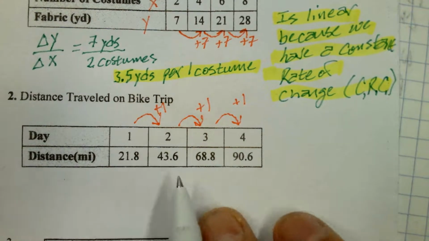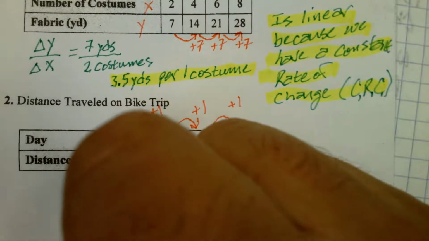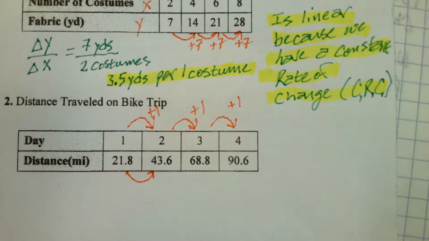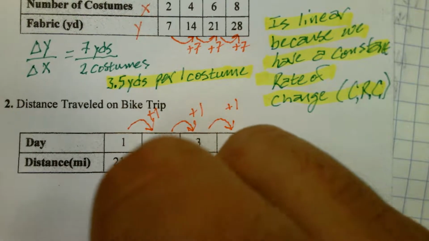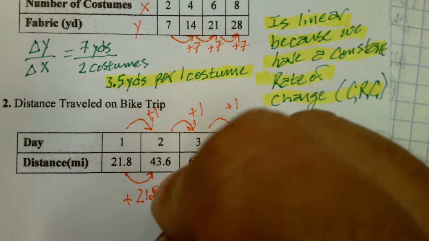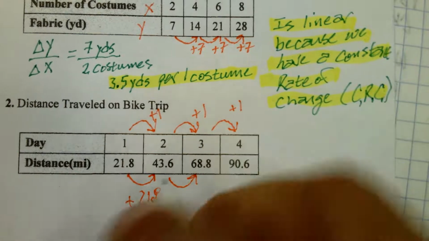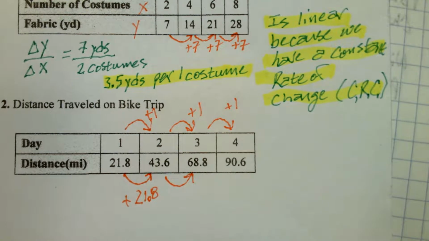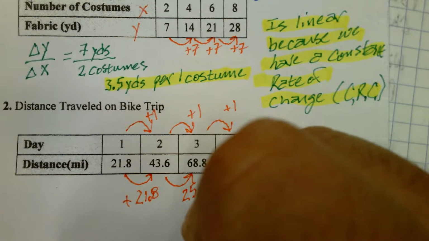So if we're going from 21.8 to 43.6, what's the difference? 21.8. How about if we go from 43.6 to 68.8? What's it increasing by? 25.2. A little subtraction and you get that.